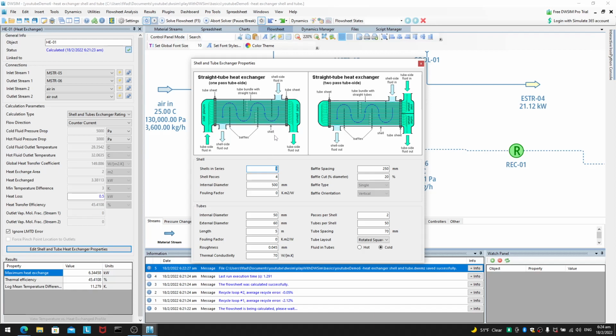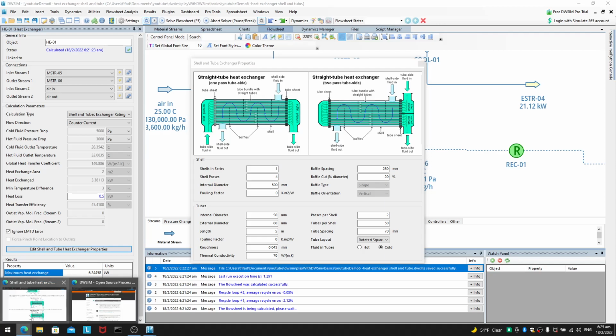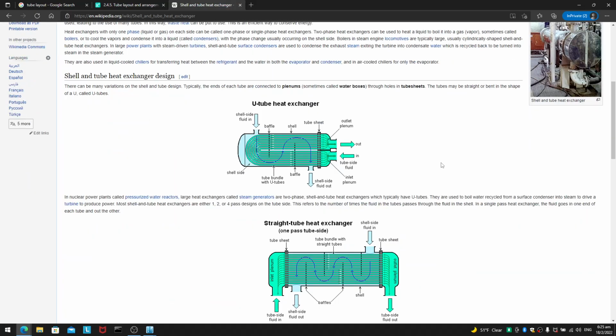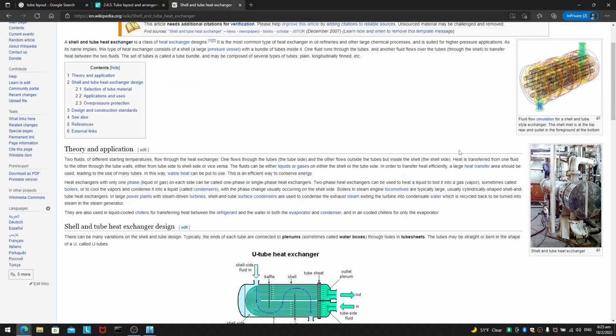So how does the pass work? To force the shell fluid to go across the tubes, there are baffles over here that restrict the flow and force the fluid to go up and down, as you can see inside Wikipedia.